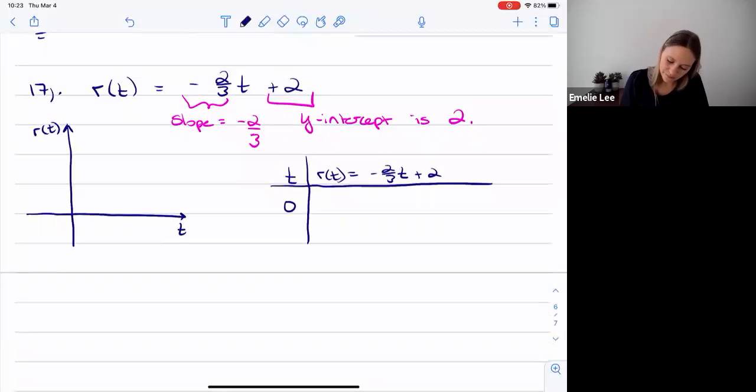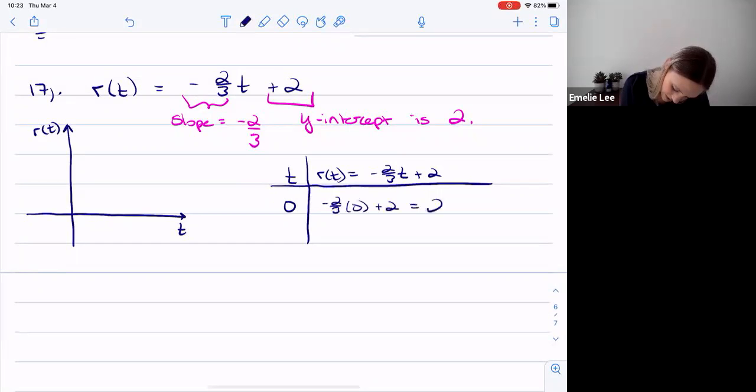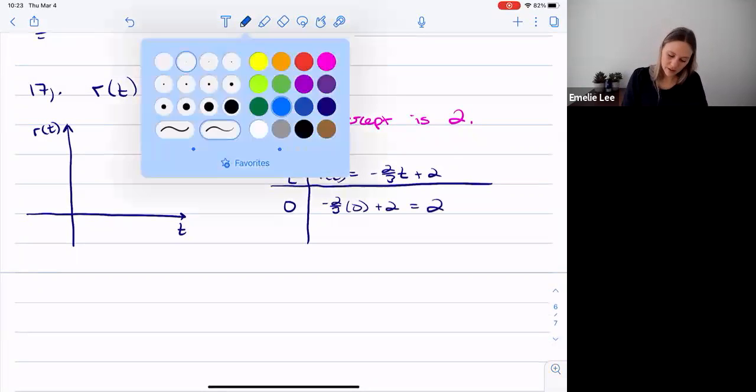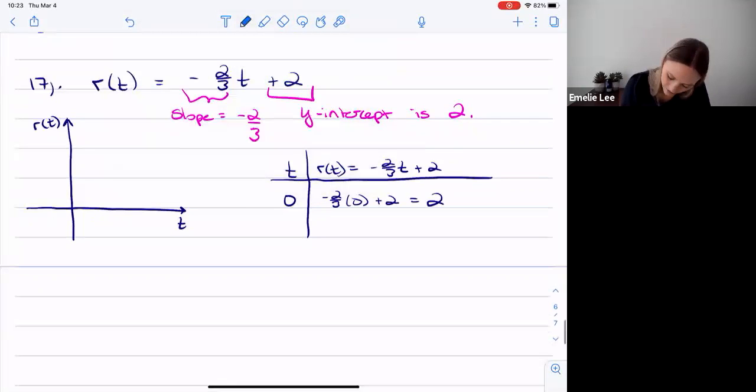Now I want to evaluate r of 0. What is the output when t is 0? So this becomes -2 over 3 times 0 plus 2, which is +2. Then usually on the side here, I just summarize it as my ordered pair.